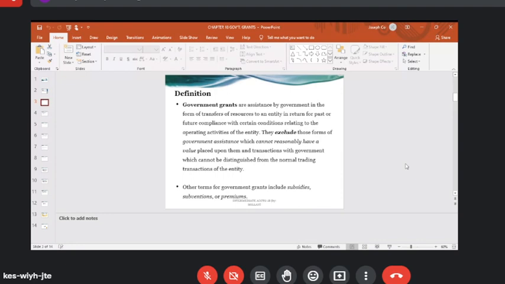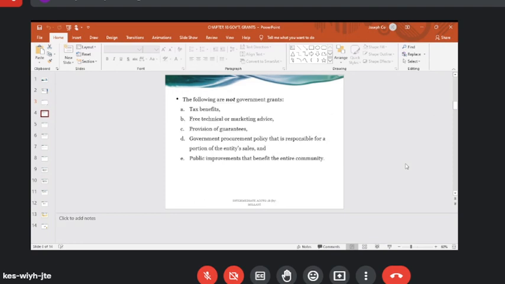They exclude those forms of government assistance which cannot reasonably have value placed upon them and transactions with the government which cannot be distinguished from the normal trading transactions of the entity. Other terms for government grant include subsidies, subventions, or premiums.